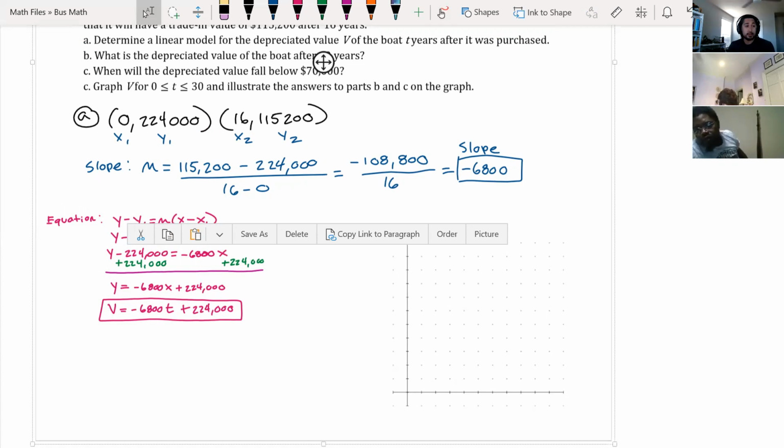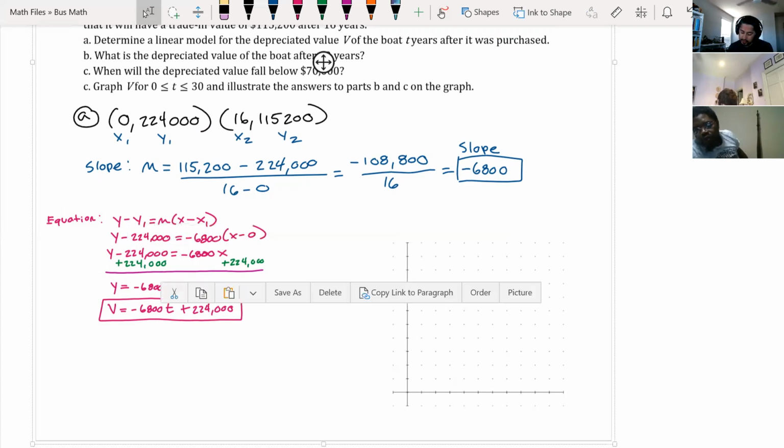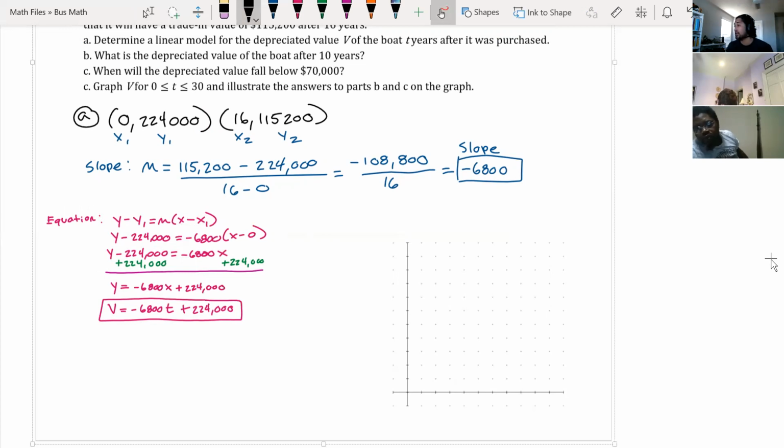Okay. So the next question, B, says, what is the depreciated value of the boat after 10 years? Meaning, all we have to do here is plug 10 in for which variable? T. That's it. So for B, we want to know what's the value of the boat after 10 years. Plug in 10.